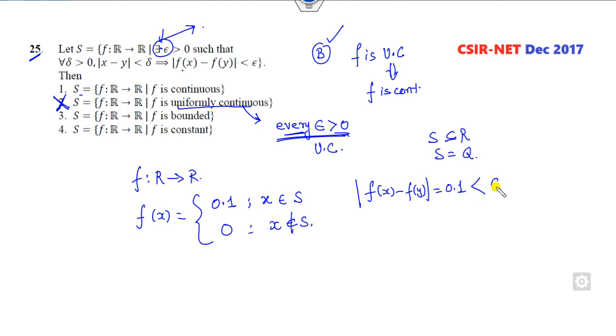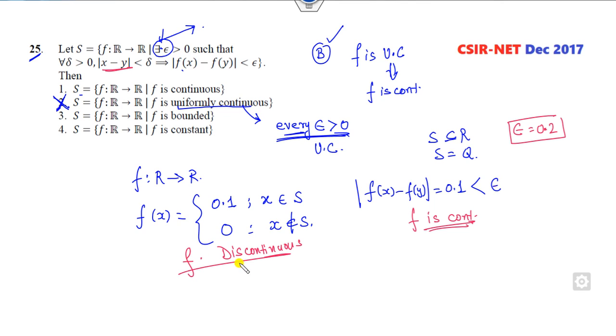I consider this as the epsilon. So if I take epsilon as any number, say 0.2, then |x minus y| is less than delta. So what is the meaning of that? This means f is continuous, but here the function is discontinuous. Clearly the function is discontinuous.